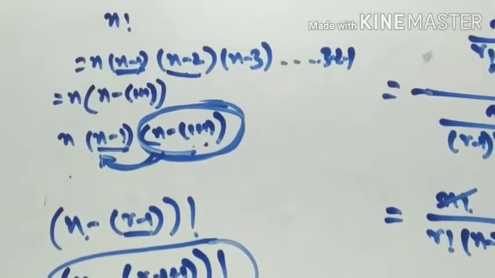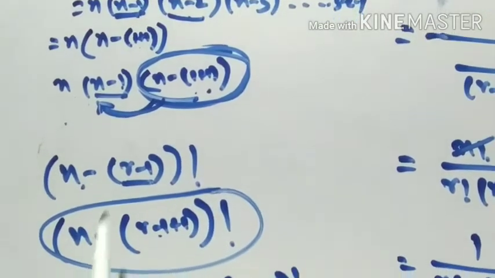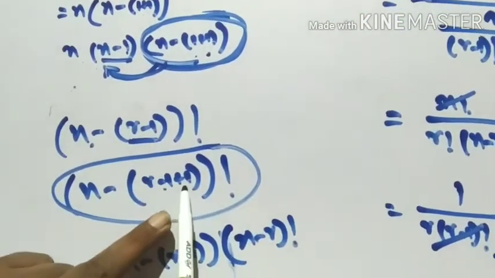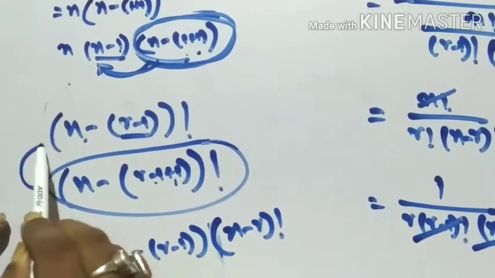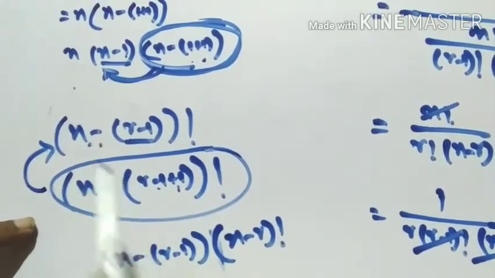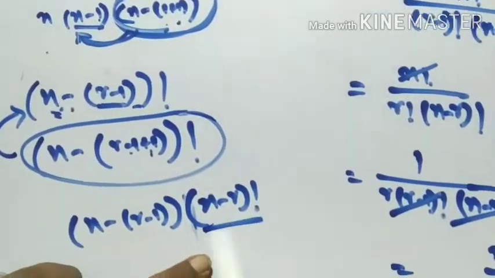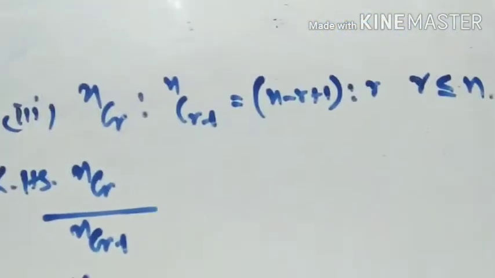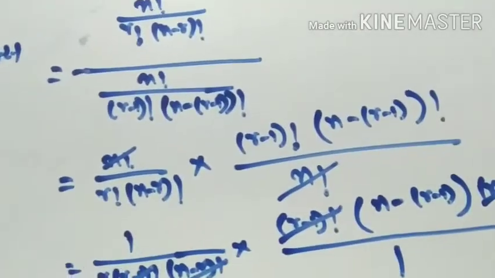So for (n minus r minus 1) factorial, when I increase by 1, this whole becomes 1 less than the earlier term. After this, the next term will be (n minus r) factorial. Now I think everything is clear, and it is very easy.